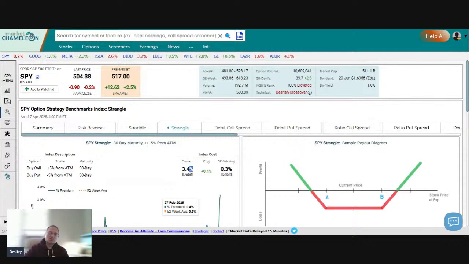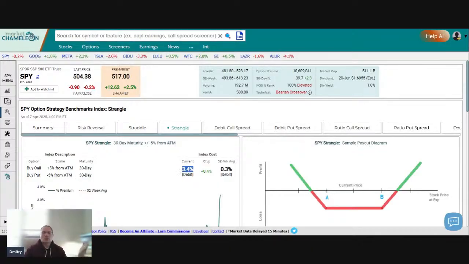Okay, so it's 3.4% of whatever the stock price is, because the stock's moving around. So the dollar cost could change, but we're looking at the percent. So you see here, 5% out of the money call, 5% out of the money put, 30-day constant maturity, 3.4%.